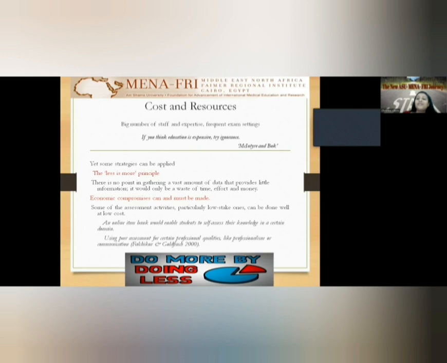Still, if it is still costly, we have to keep in mind that assessment is not just for evaluation. Assessment in its native language means to sit beside the student, which means to make the student learn. And if you think education is expensive, try ignorance.